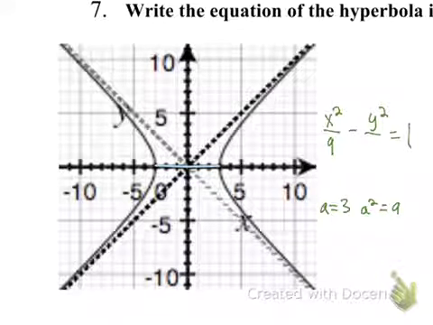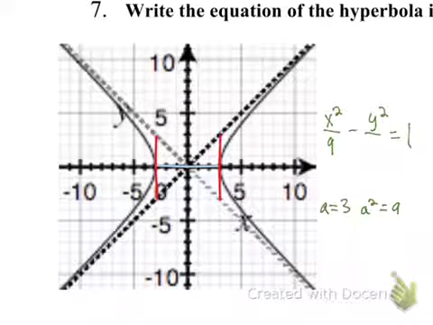To get b squared, my conjugate axis, I'm going to draw a box. I'm going to start at either vertex and draw a line going up to my asymptote. Then I'll draw another line going across. Another one went up, my bad. Another one down, another one down.